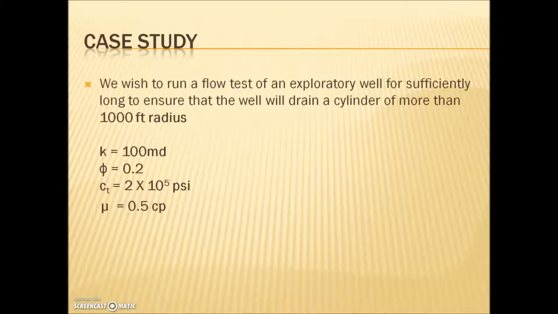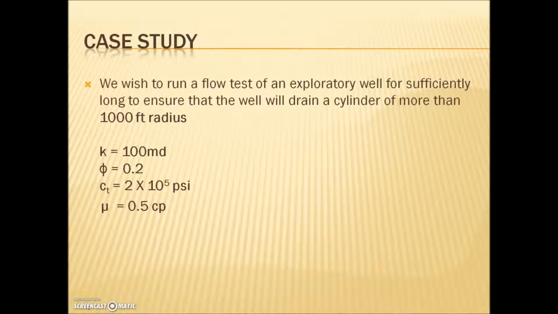Let's see the case study. We wish to run a flow test of an exploratory well for sufficiently long to ensure that the well will drain a cylinder of more than 1000 feet radius. Given information of k equal to 100 mD, porosity, pressure, and mu.